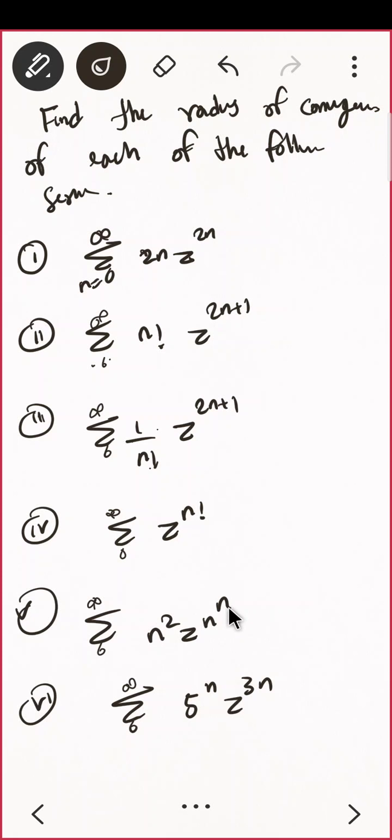But the thing is, I am not asking about the interval of convergence right now. But again, this is n raised to n, again a subsequence of n. This is 5 raised to n. Again the same thing. The radius of convergence will be, I think, 1 upon 5, if you take the nth root.